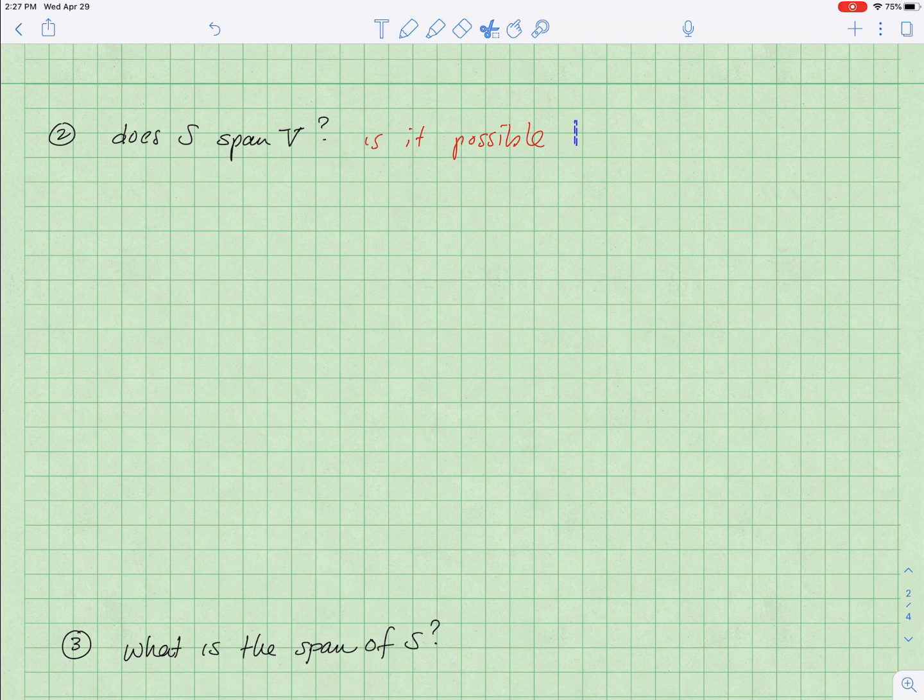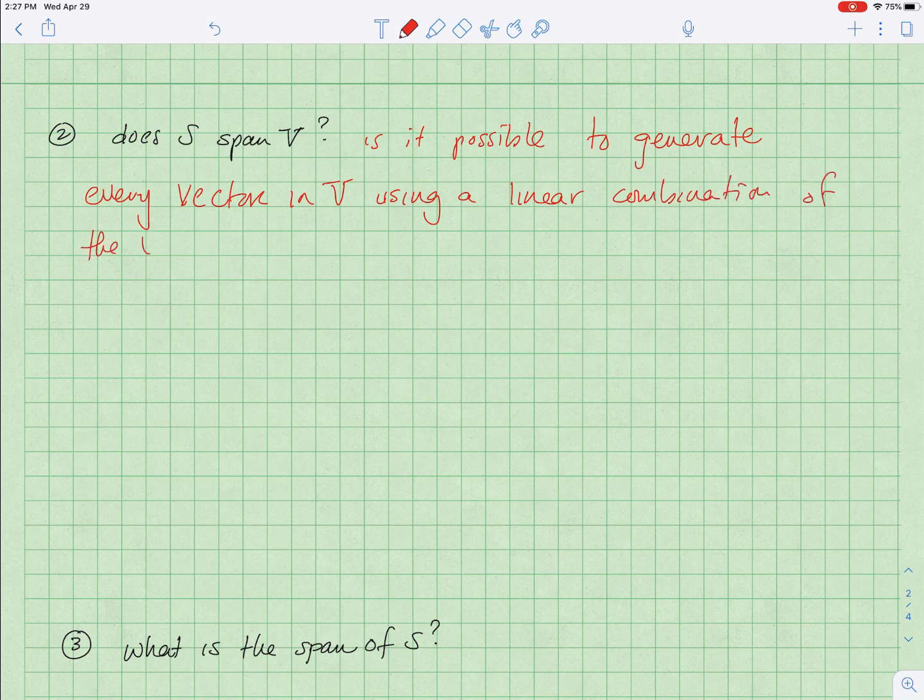Is it possible to generate every vector in V using a linear combination of the vectors from S?